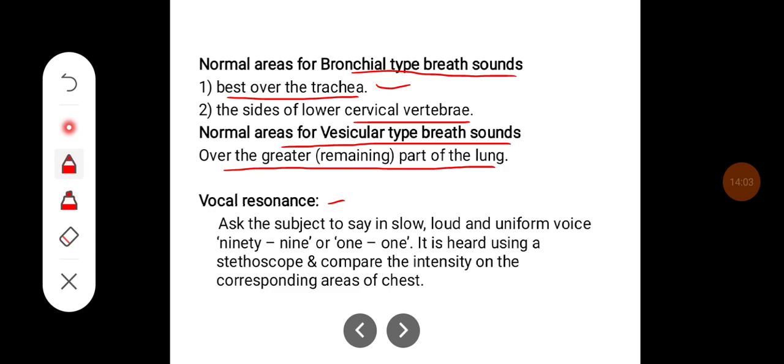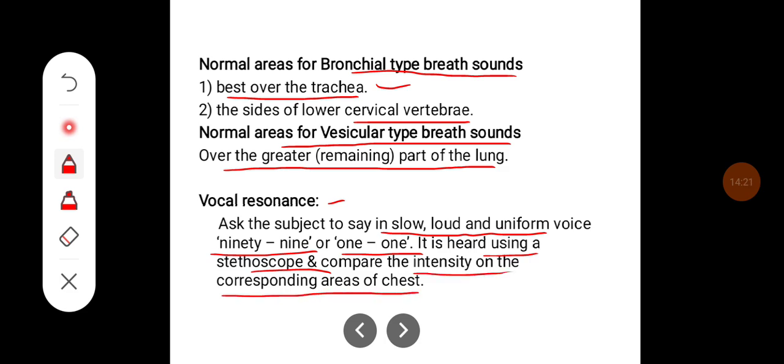Then coming to the vocal resonance, which has a principle similar to the TVF, ask the subject to say, in a slow, loud and uniform voice, 99 or 11. It is heard using the stethoscope, and you compare the intensity on the corresponding areas of the chest.